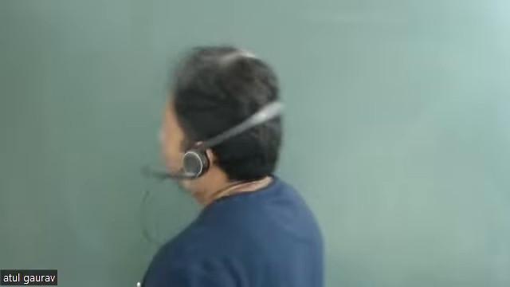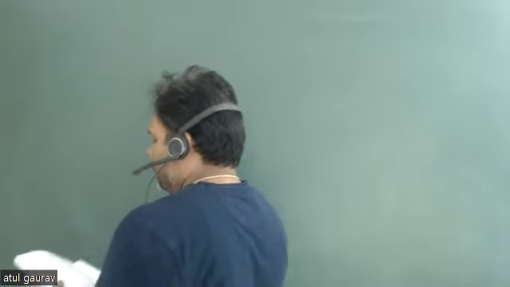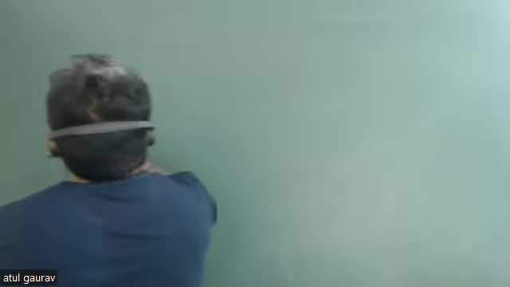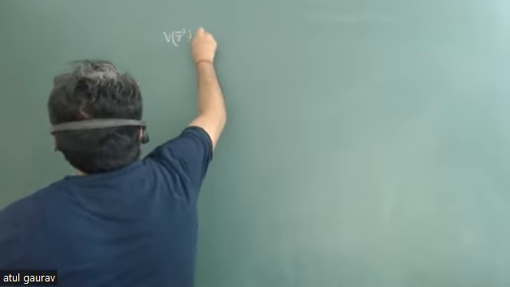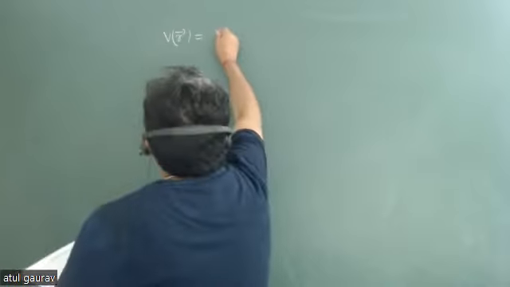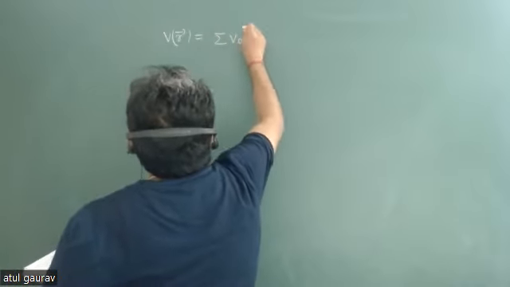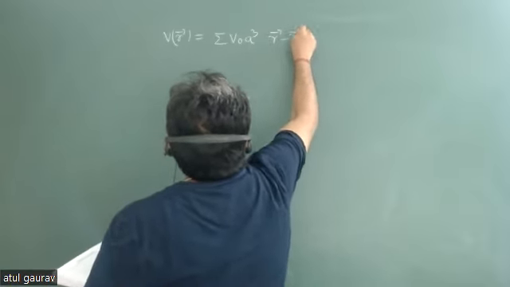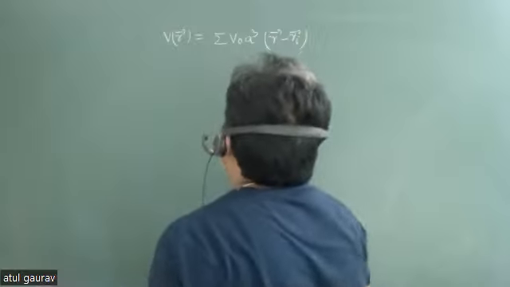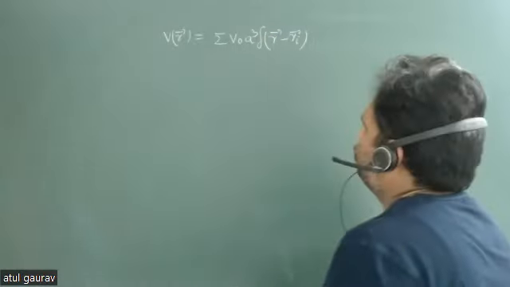So here your potential is very interesting, and this potential V(r) is given by the summation over i of V naught a cube delta of r minus r_i. That is what? Dirac delta function.